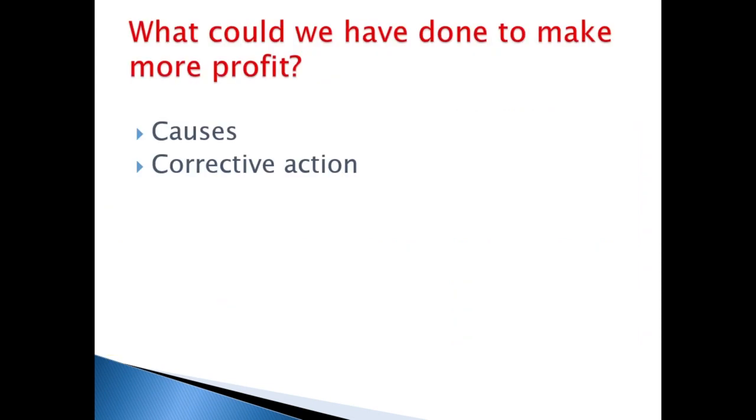Right, moving on to the second question, what could we have done to make more profit? What you want to do there is find the causes of variances, especially the adverse variances, and come up with some corrective action to deal with it, or to stop the problem happening in future.